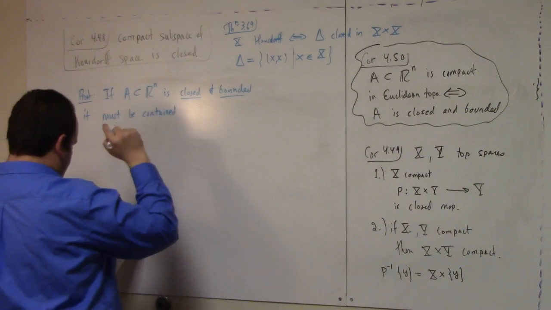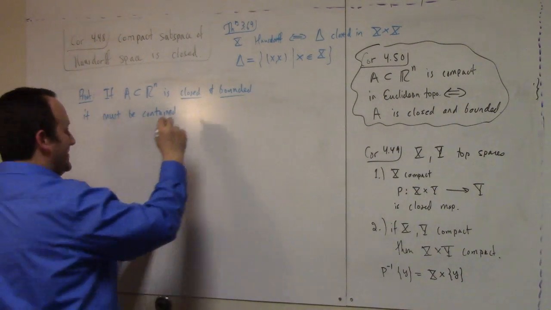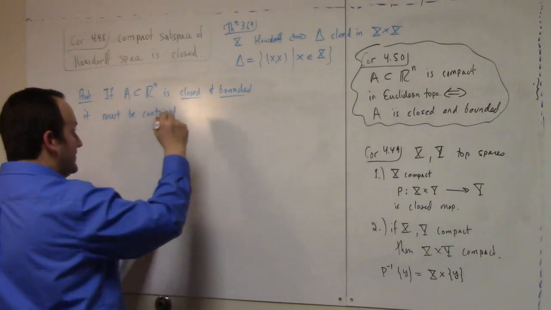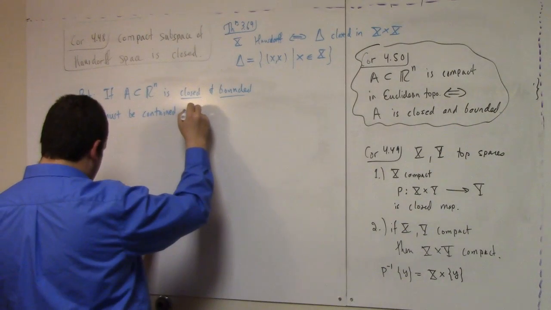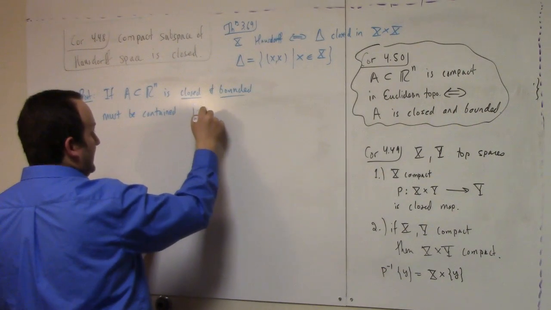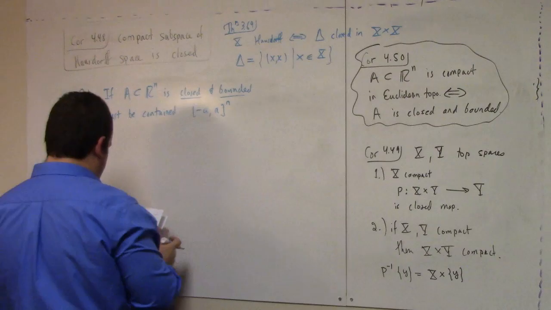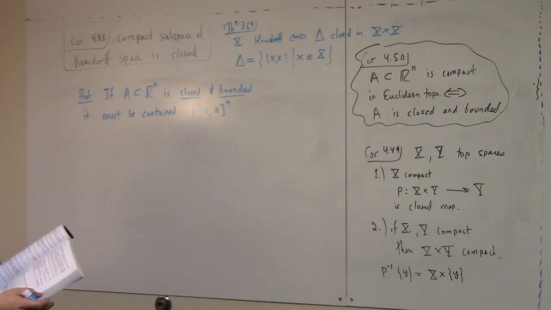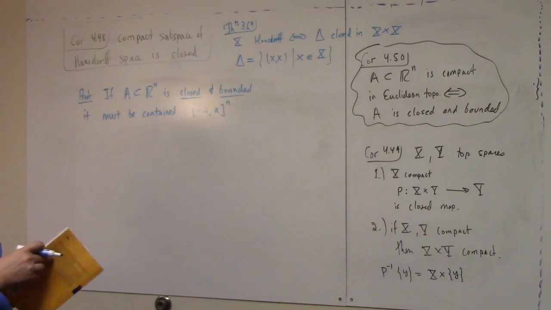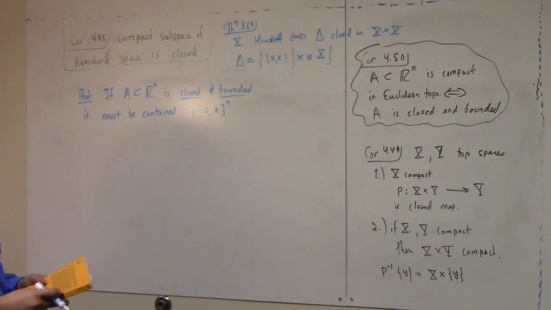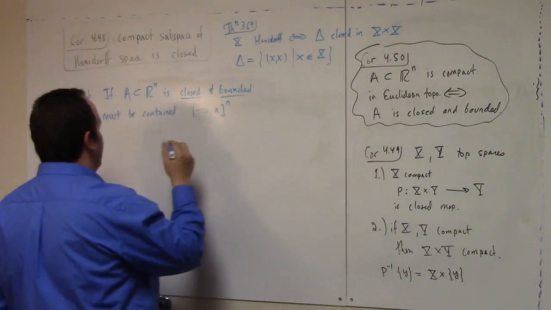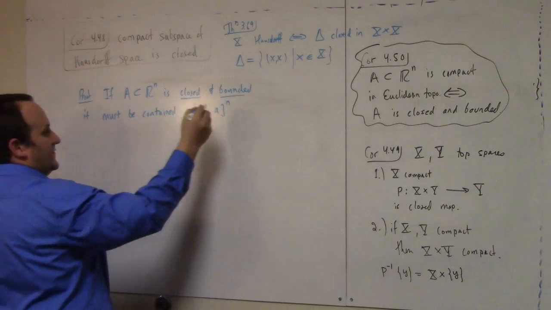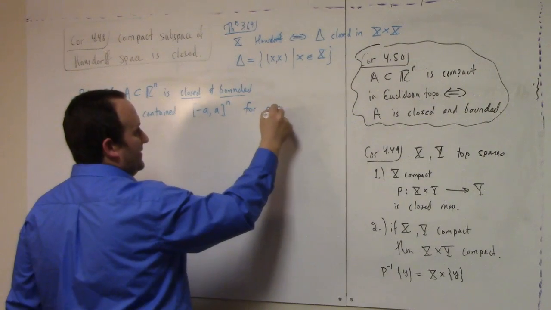True, but more interestingly, I take your open ball and raise you an open cube, rather a closed cube, minus a to a, the n-fold Cartesian product of that, for some a greater than 0. You can easily see how to construct that from your open ball if you want.